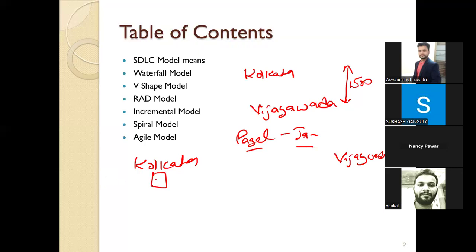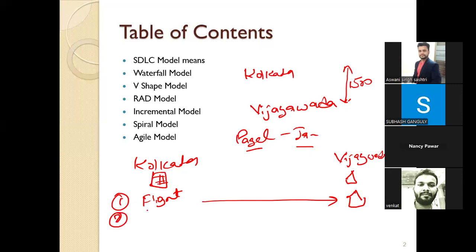This is your office location, and this is your home. First way, flight. You can take the flight and you will reach your home. Second, train.